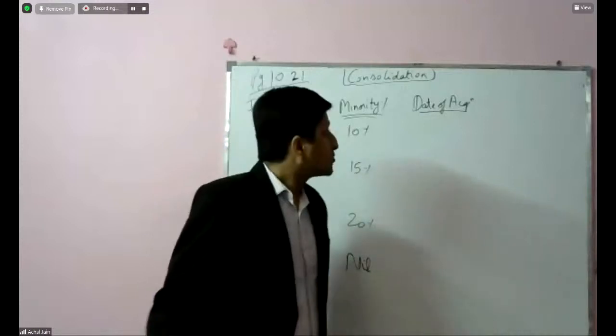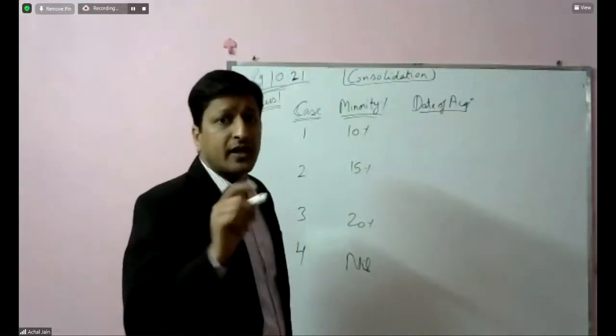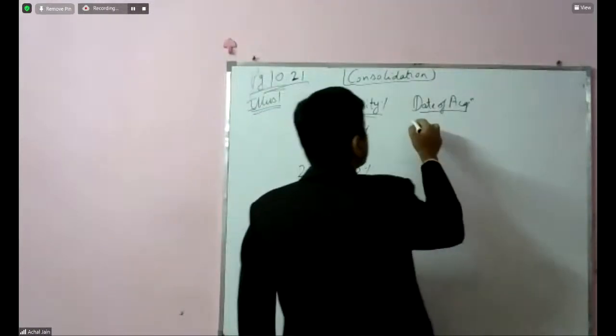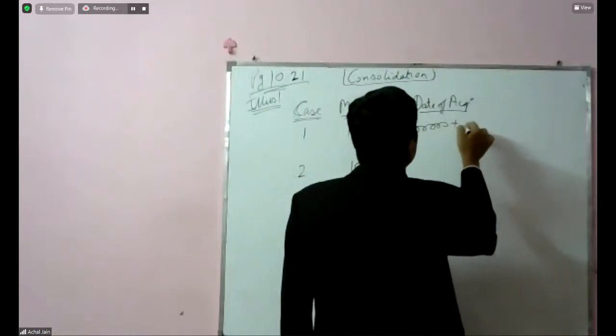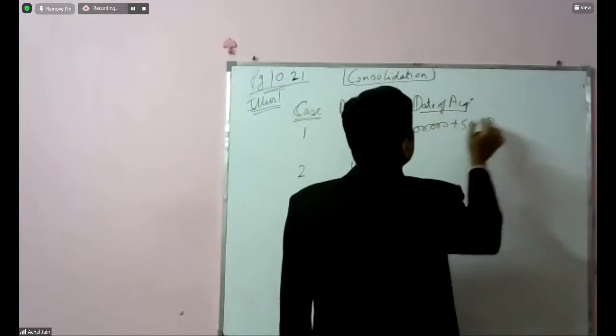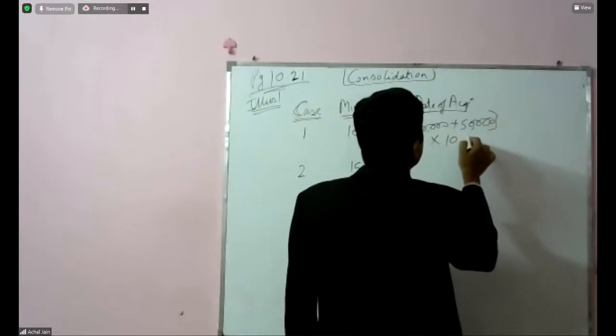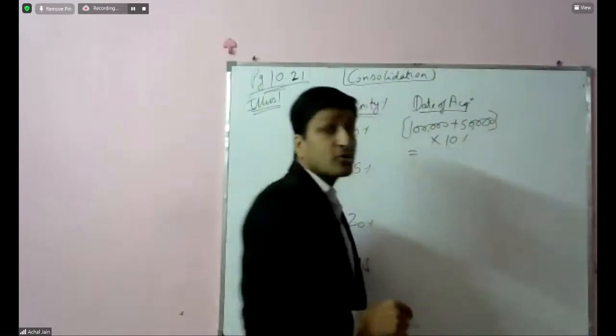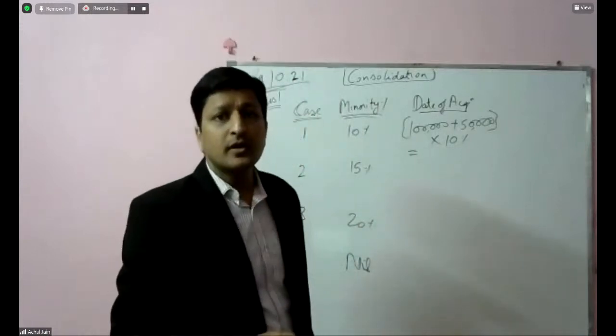Minority. So what are the net assets on the date of acquisition? 1 lakh plus 50,000, into 10%. This belongs to minority.